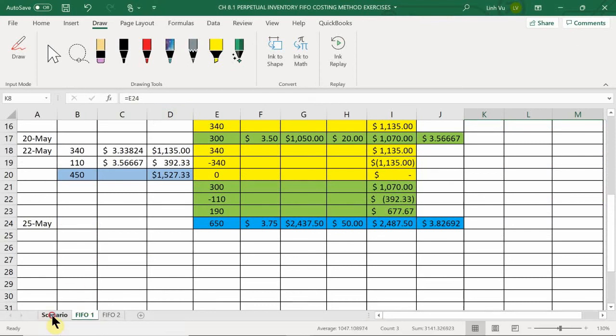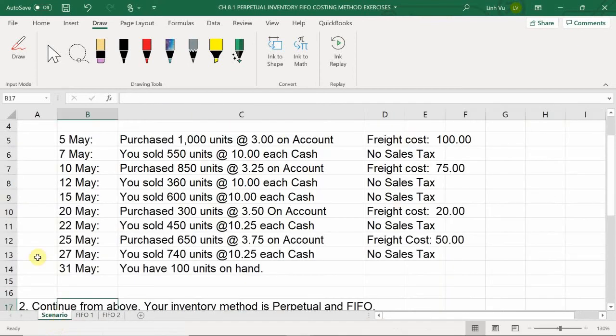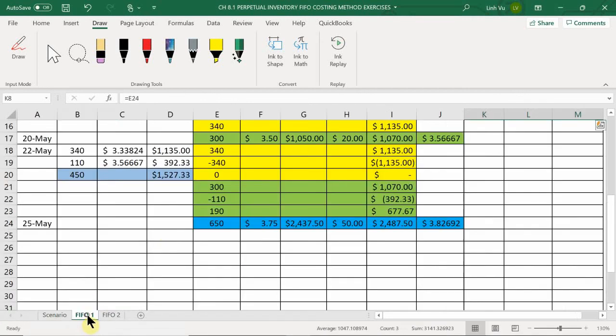So then let's see what has happened next. So May 27 rolls around and it says that you sold a total of 740 units at $10.25 each. Okay, and at the end of the month on May 31st, you have a total of 100 units left on hand. Okay, so we sold 740 units. So let's take a look here. Okay, it is May 27.